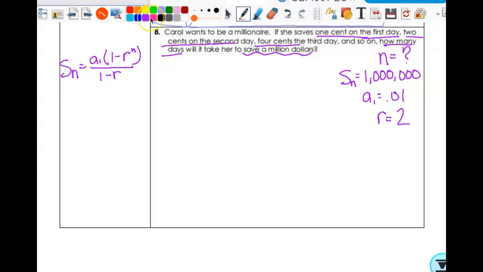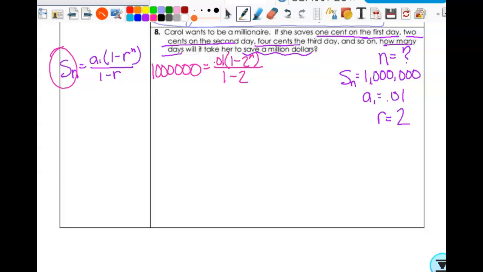We're going to substitute in everything we know. This time we know this. It's $1 million, right? So I have 1 million, 1, 2, 3, 4, 5, 6 zeros, equals A sub 1, which is 0.01, times 1 minus 2 to the nth, because we don't know n, all over 1 minus 2. Everybody understand where everything came from? Okay, now flip your calculators face down.